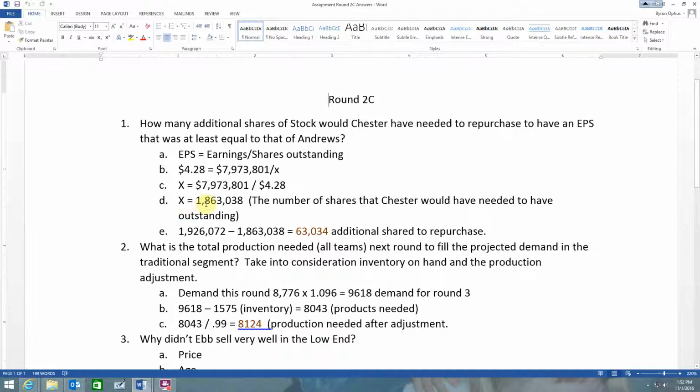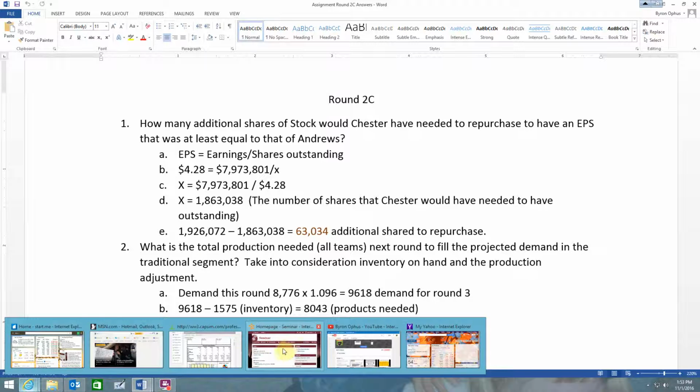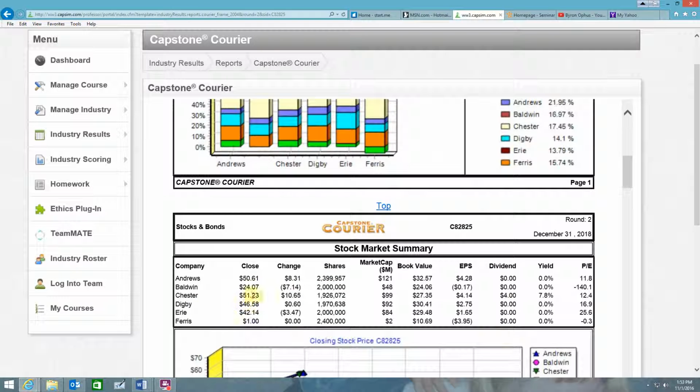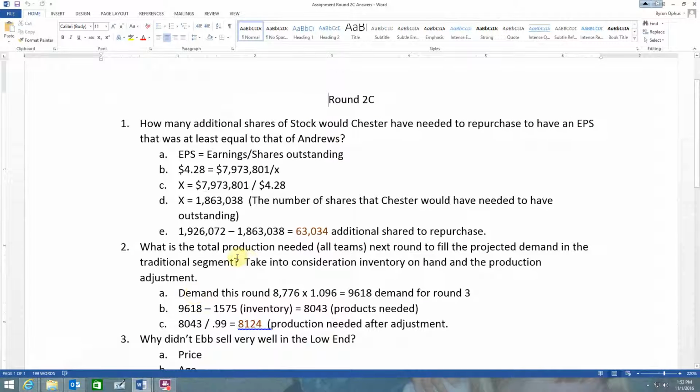$4.28. And this number seems kind of logical, because it's kind of close to where they were. This is the number of shares that Chester would have needed to get down to for their earnings per share to be $4.28. What Chester did get down to was 1,926,072 shares.